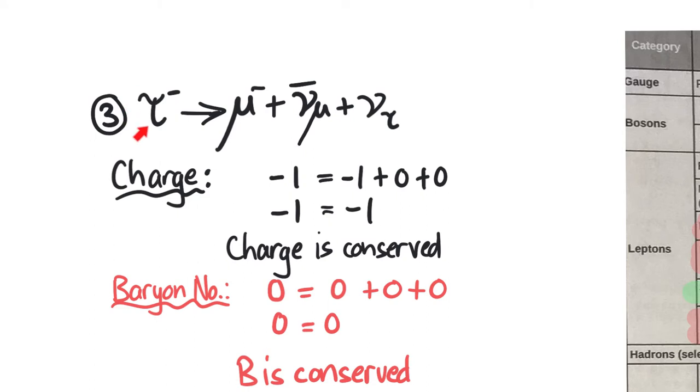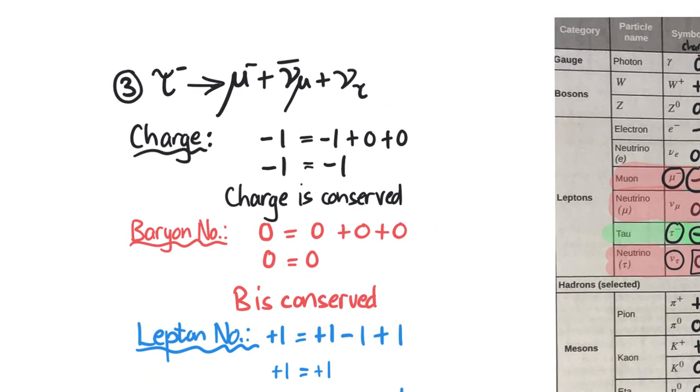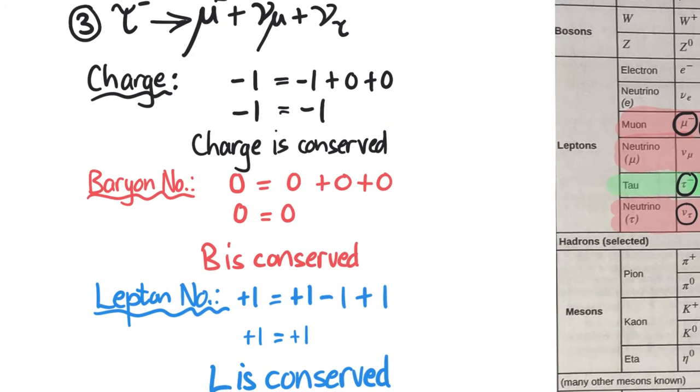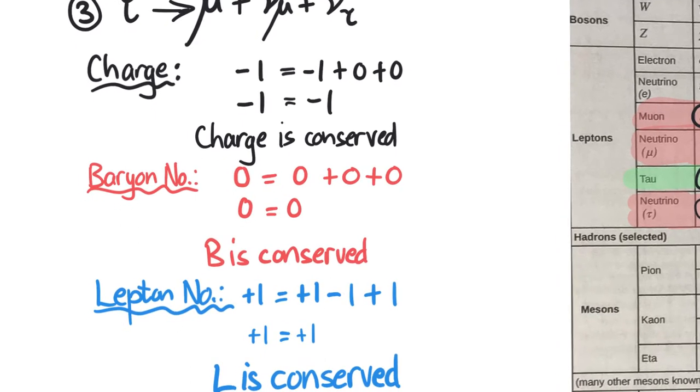None of these particles are baryons, so their baryon numbers will all be 0, and therefore the baryon number on either side is 0. So the baryon number is conserved. They are all leptons. And so the tau negative has a +1 lepton number, and the muon has a +1 lepton number as well.